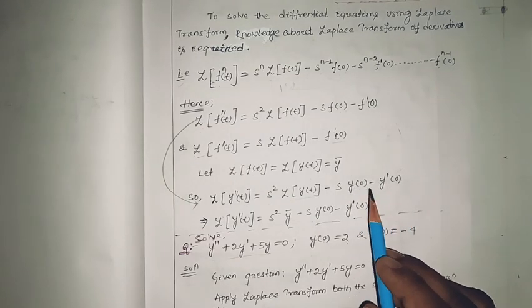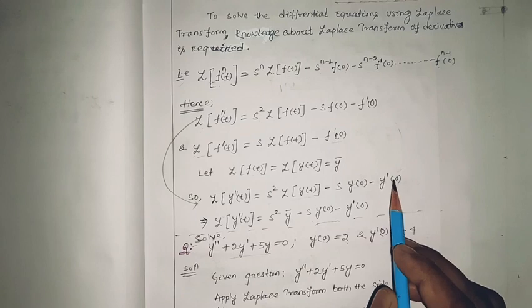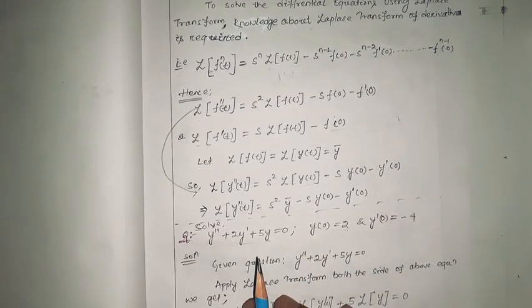Here y(0) means y at t equal to 0, and y dash 0 means y dash at t equal to 0.